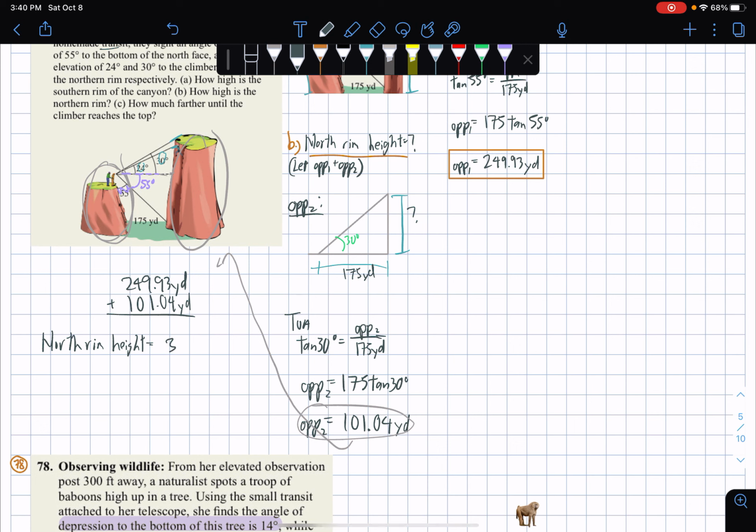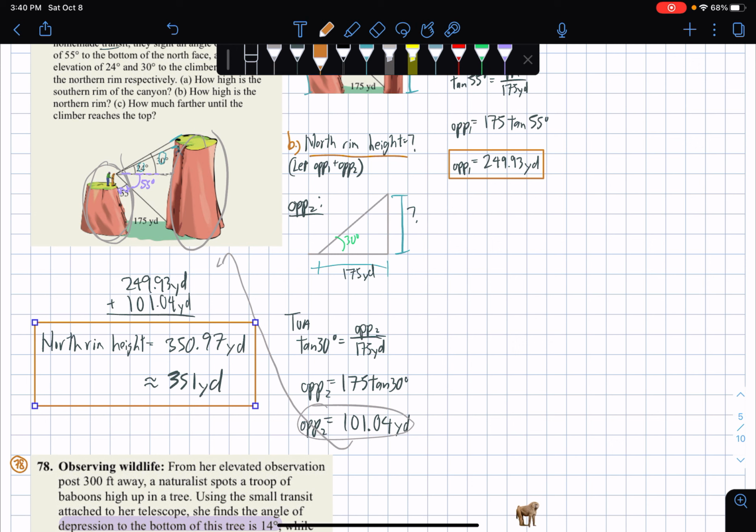The answer is basically 350.97 yards, or in estimation, 351 yards if you want to round it to the nearest whole number.